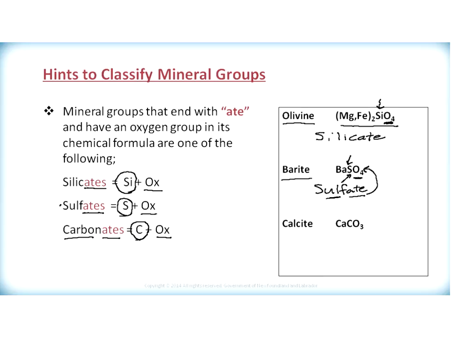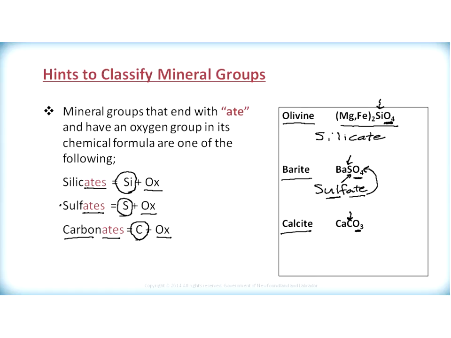So let's look at the third example. We have calcite. The formula for calcite is CaCO3. We do have an oxygen group, O3. The element directly in front of the oxygen group is C, which stands for carbon.